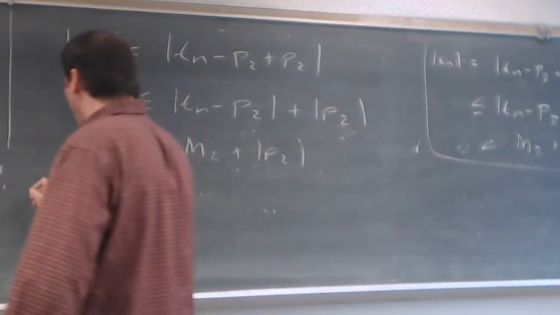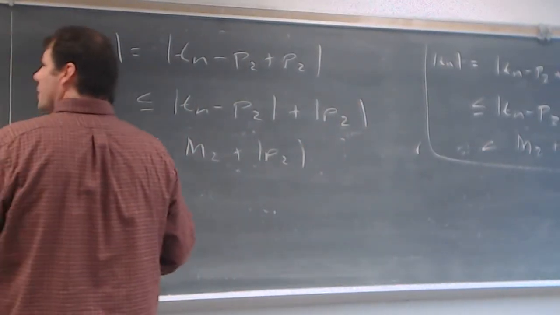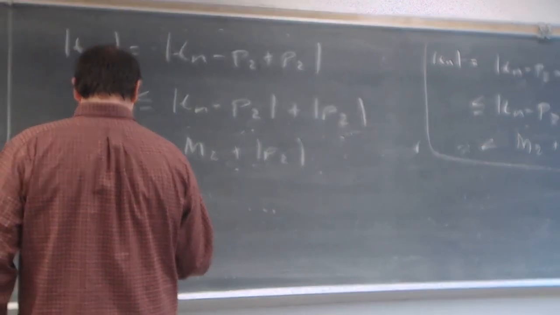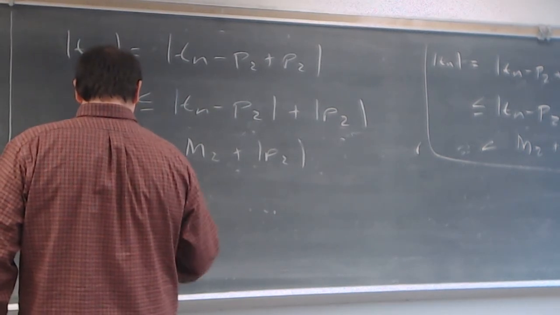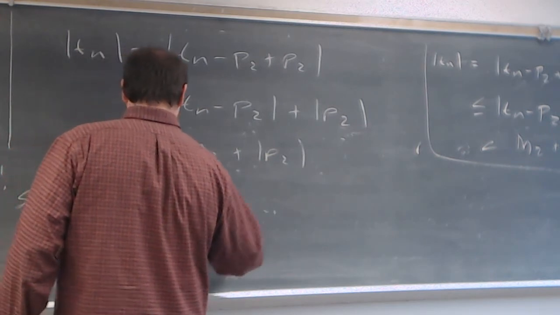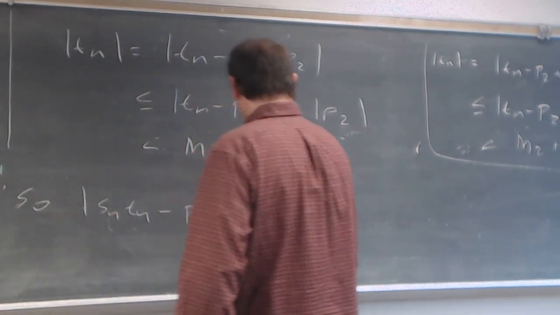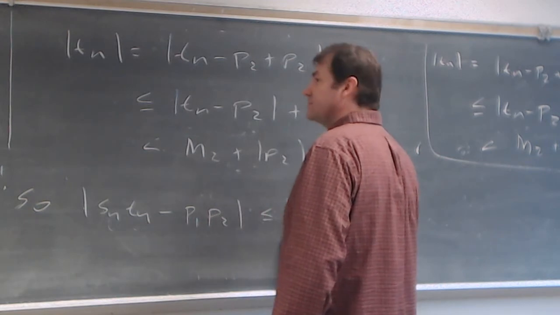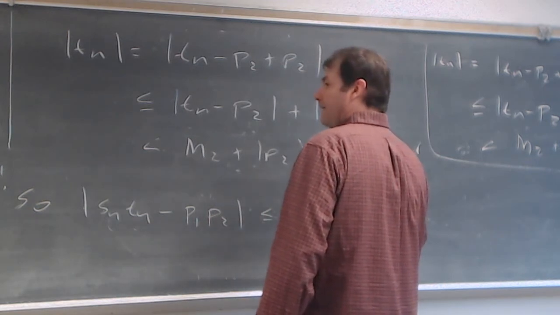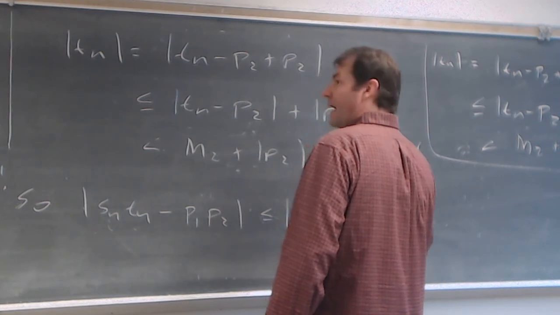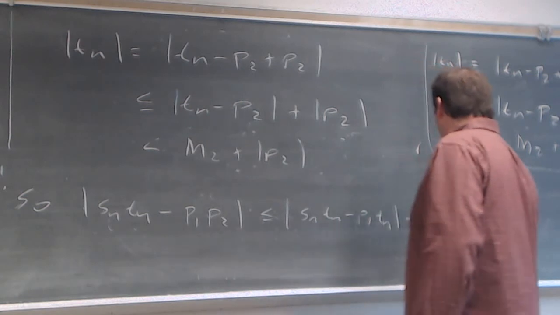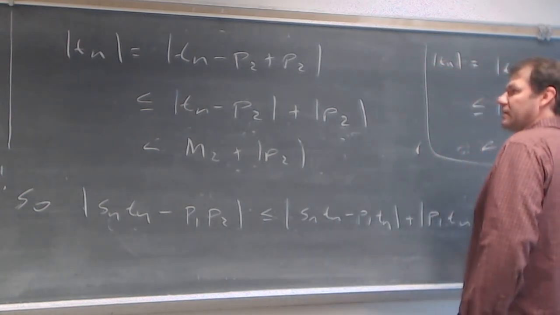Okay, that's right. So, where did we start? We started with the absolute value of S sub n, T sub n minus, what was it? P1, P2. That's right. We had that it's going to be less than or equal to S sub n, T sub n minus P1, T sub n, plus P1, T sub n minus P1, P2.